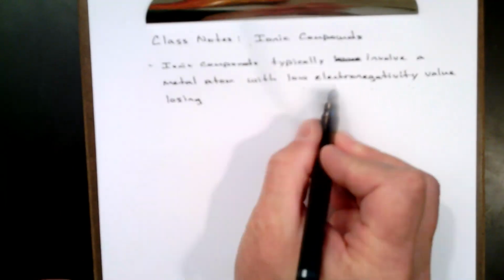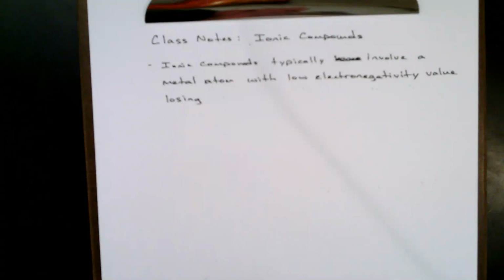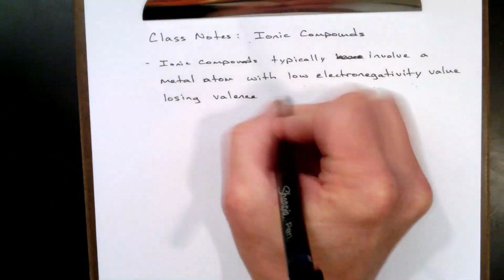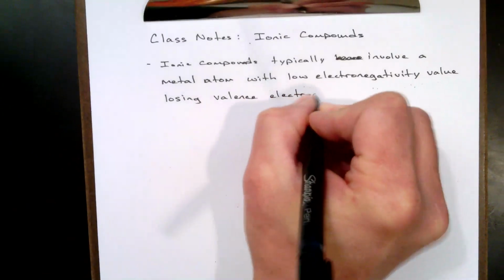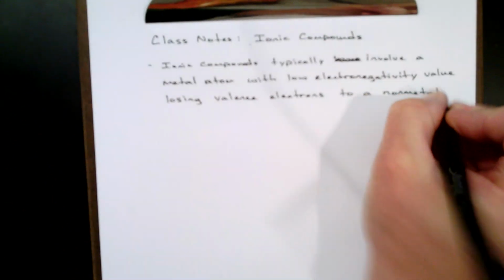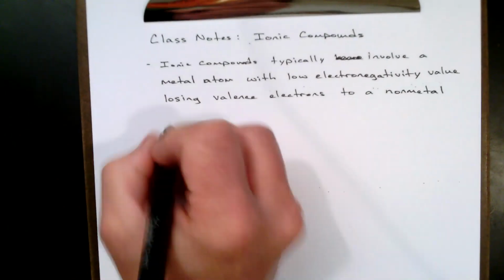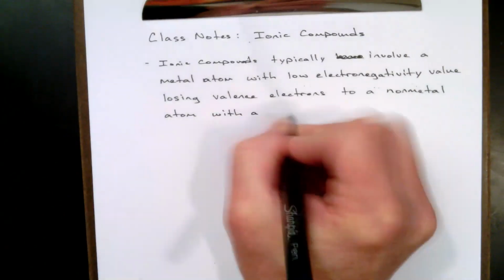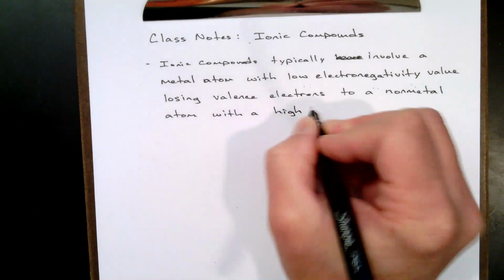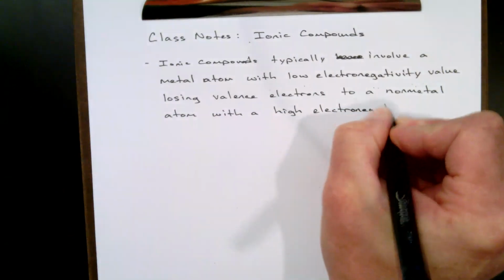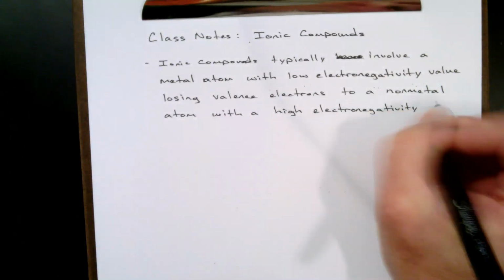So the metal atom with a low electronegativity value, losing valence electrons to a non-metal atom with a high electronegativity value.